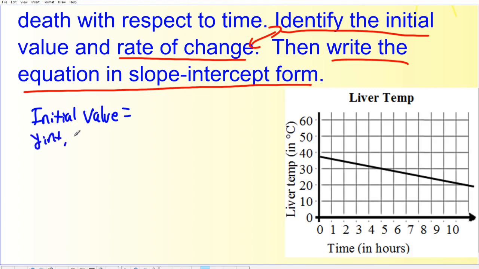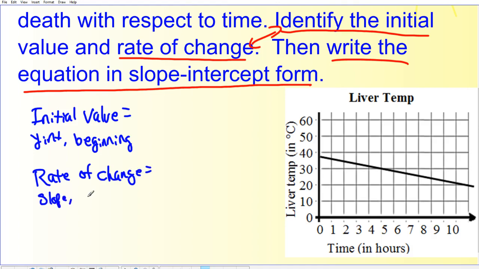It's still the value at the beginning of the problem. My rate of change is still the slope of the line, or the speed at which the thing is changing. In this case, we're talking about the liver temperature, how fast the liver temperature is changing.